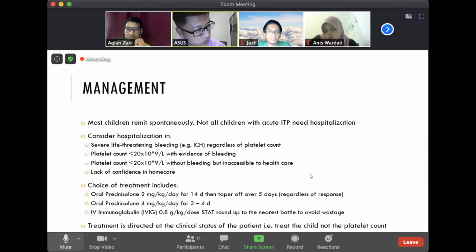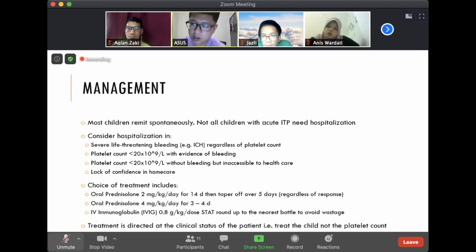By the time they are admitted, admission is mainly because of a painful rash. Fever is not common when the rash develops. When the rash has already developed, usually they don't have fever. So the fever is actually the preceding event, right?